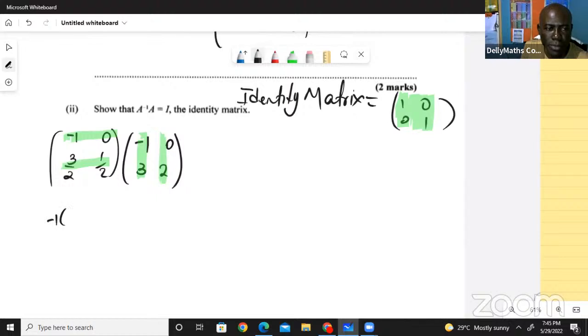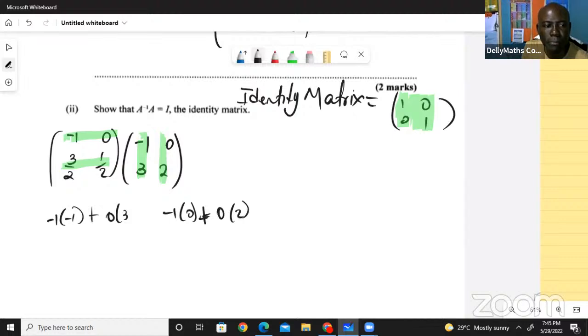So let's go. -1 times -1 plus 0 times 3. It's row by column. What I just did was -1 times -1, 0 times 3, and we picked that up already. Let's go for the next row by column. -1 times 0 plus 0 times 2.